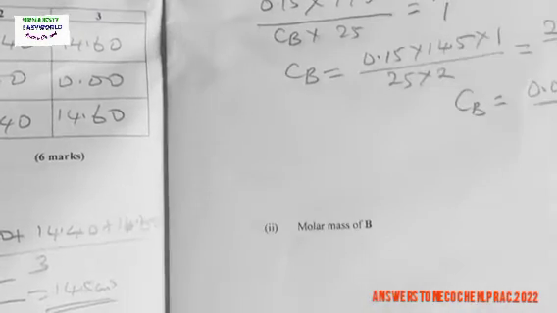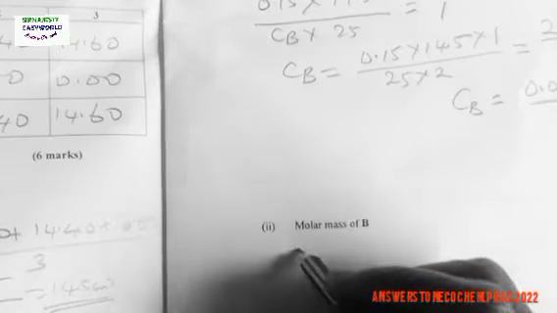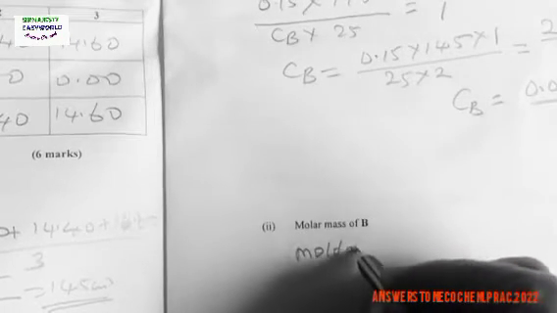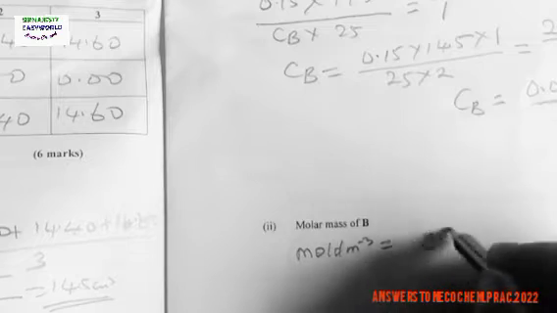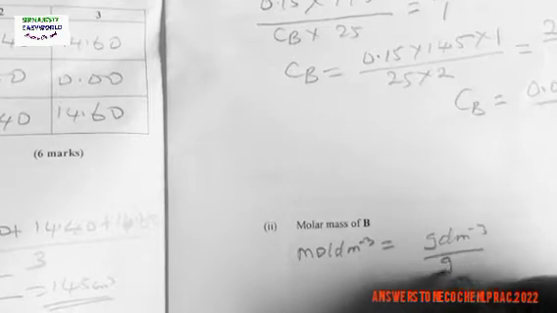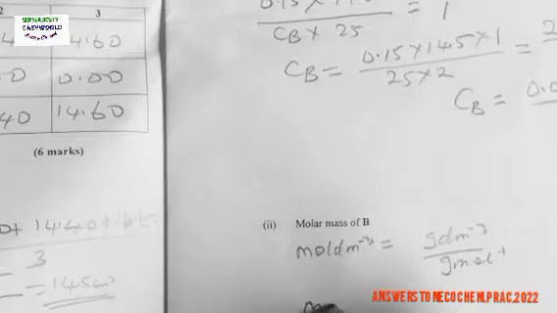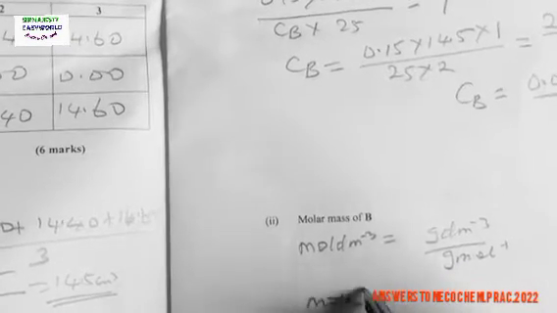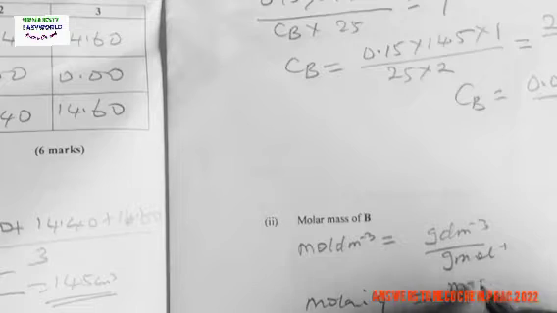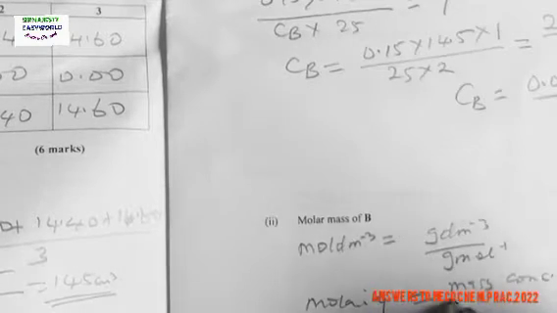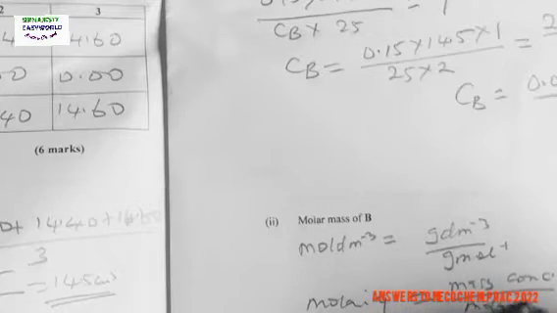Molar mass of B, we are now going to use the relationship which says that mole per dm cube is equal to gram per dm cube all over gram per mole. In that case, you can now convert this, that molarity, which is equal to mole per dm cube, is equal to mass concentration all over molar mass.